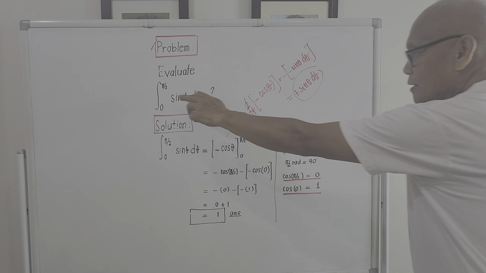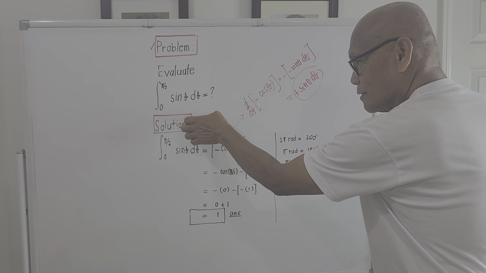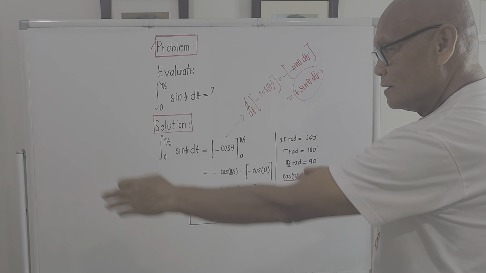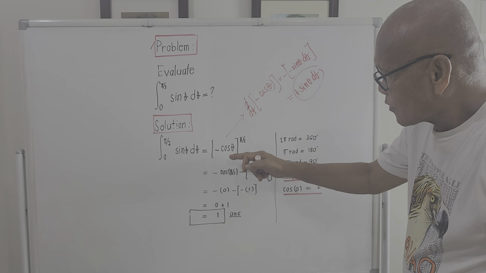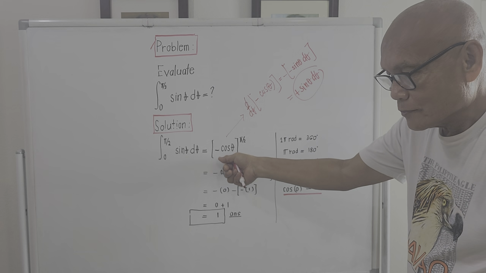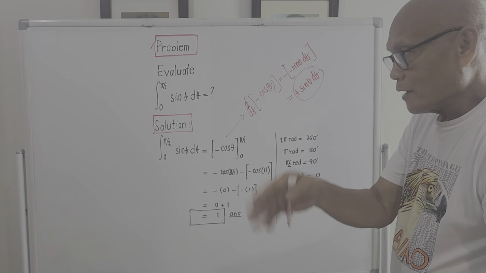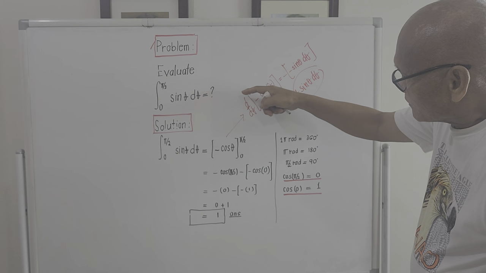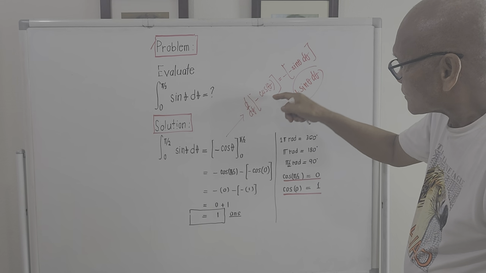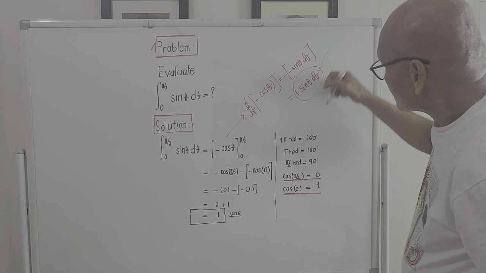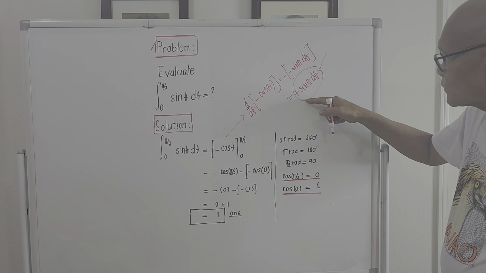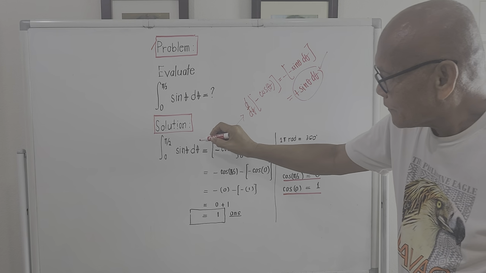So the integral of sine of theta, differential theta, like what I said, it should be the cosine of that, but it should be preceded by negative sign. And as a check to the validity of our answer, we take the derivative of this negative cosine, and what comes out is sine of theta, differential theta, the given original problem.